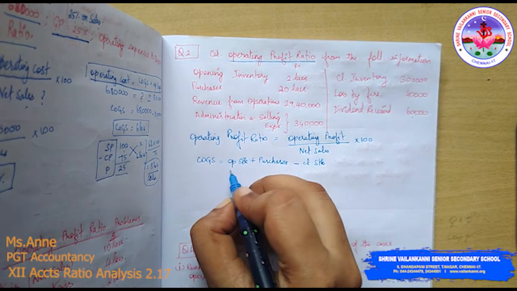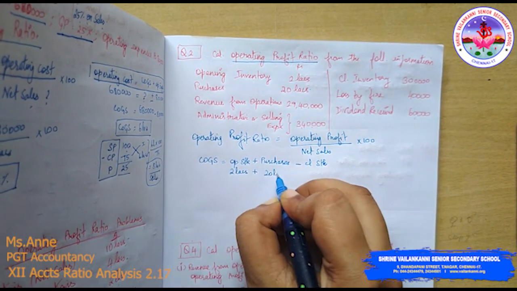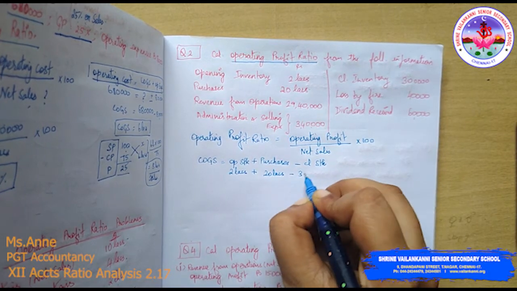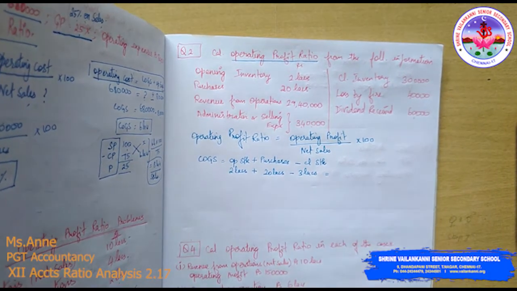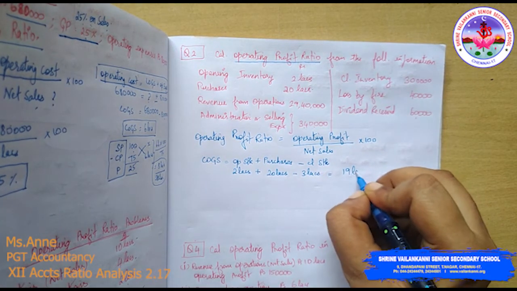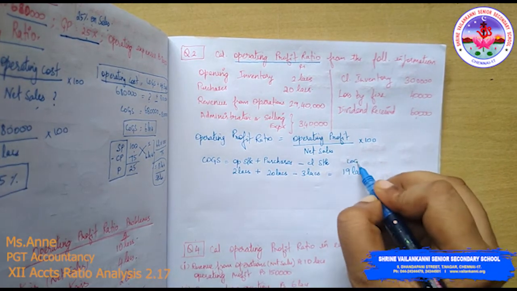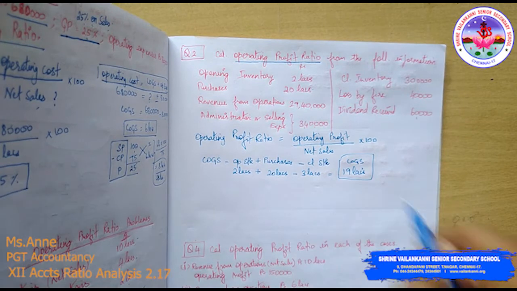Opening stock 2 lakhs plus purchases 20 lakhs minus 3 lakhs. So 22 lakhs minus 3 lakhs will give you 19 lakhs, which is your cost of goods sold. So cost of goods sold we have found.